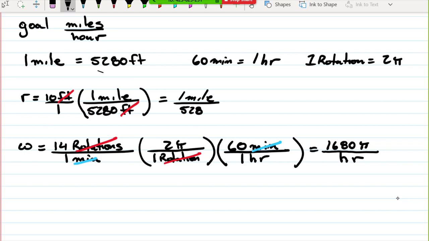So that tells me then that the angular velocity is 1,680 pi radians per hour.